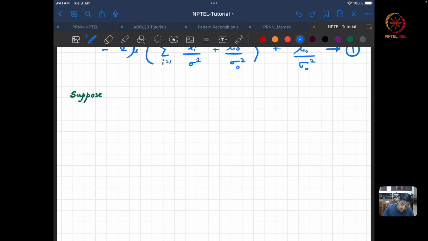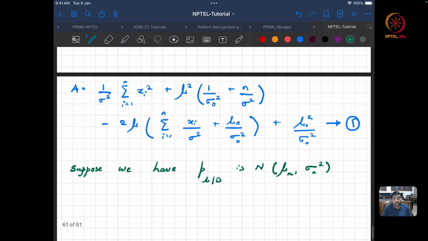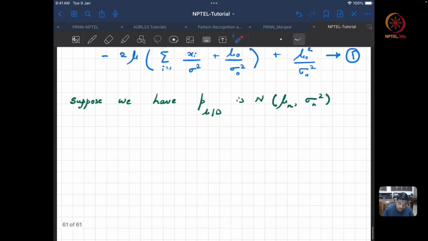Suppose we have P of mu given D, that is also a Gaussian distribution with some mean and some variance, normal with mu n and sigma n square. I can write the form of this, equate the exponential part, and then obtain the values for mu n and sigma n, correct? That is what I am trying to do now.